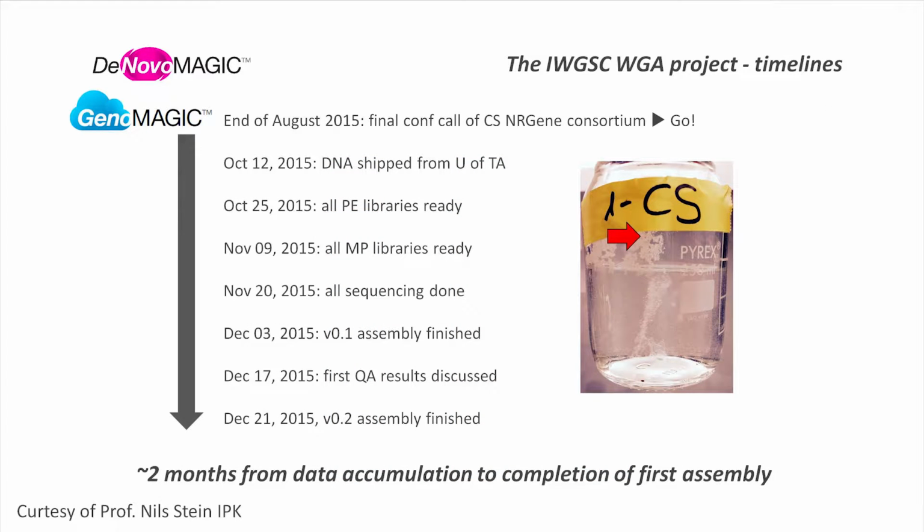So how practical is it to use? First of all, it's the time it takes. For the Chinese Spring, we got the sequencing done at about November 20, and by December 3rd, the assembly was done. So this is something that is now available for everybody, very quick, very cost effective, and can be done at large scale.